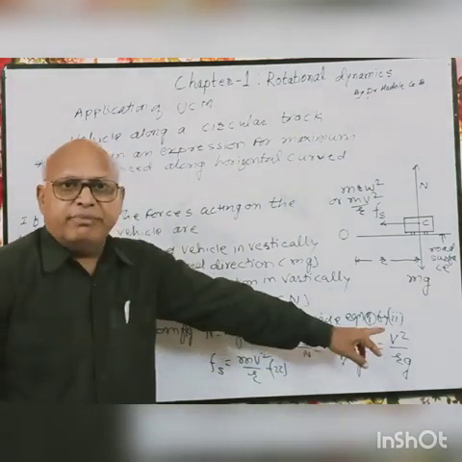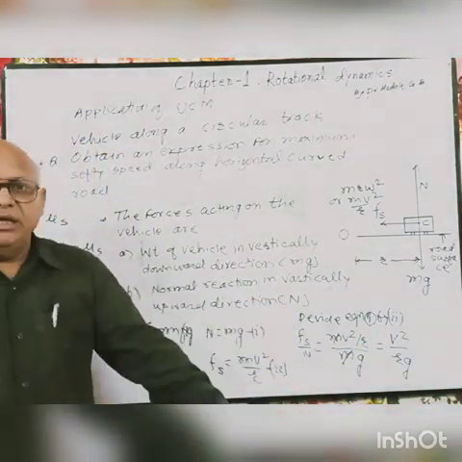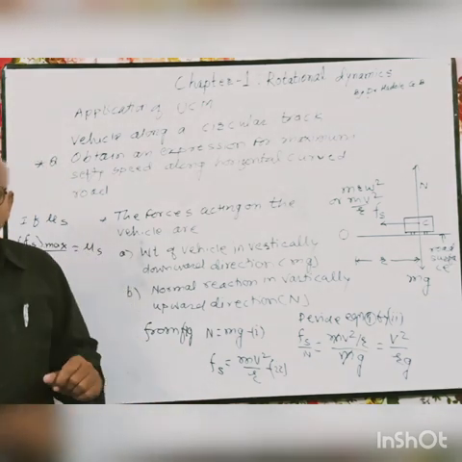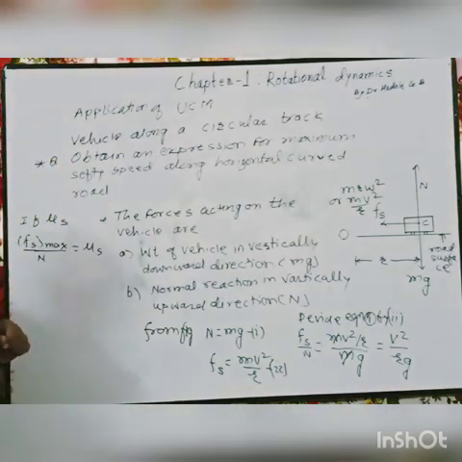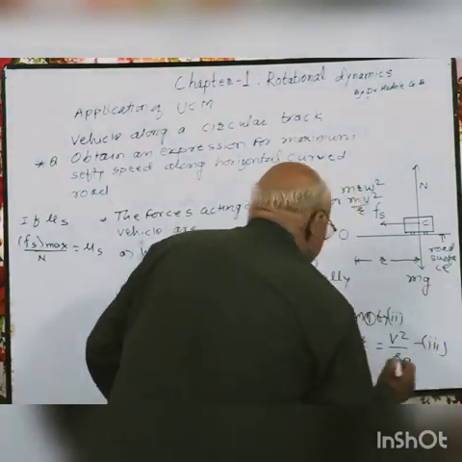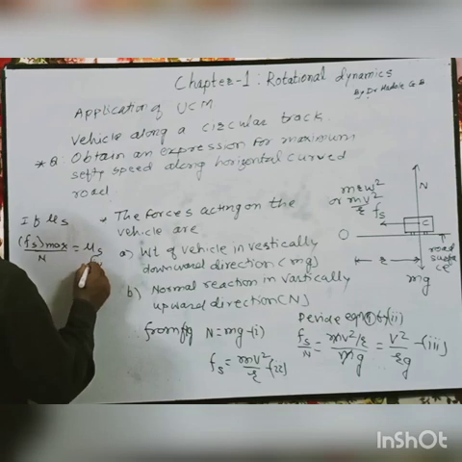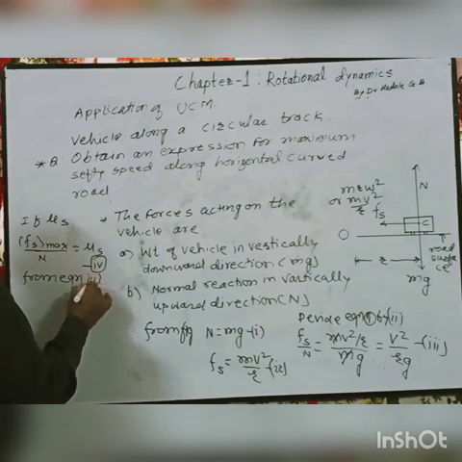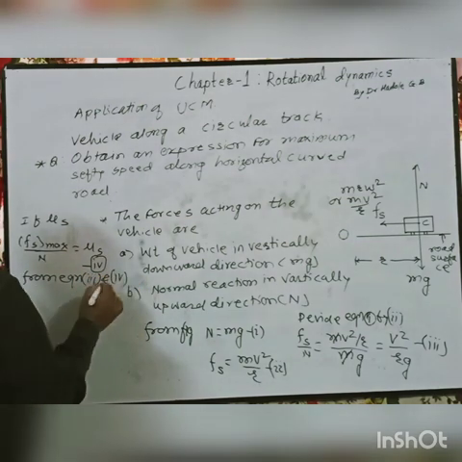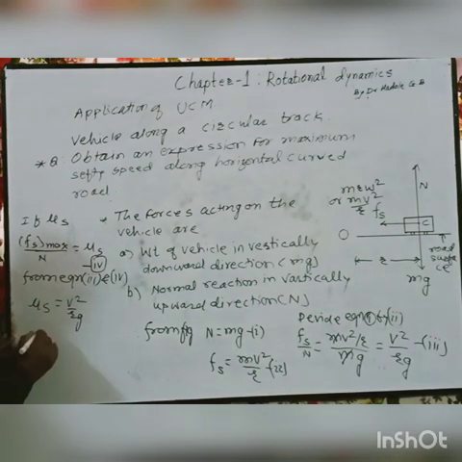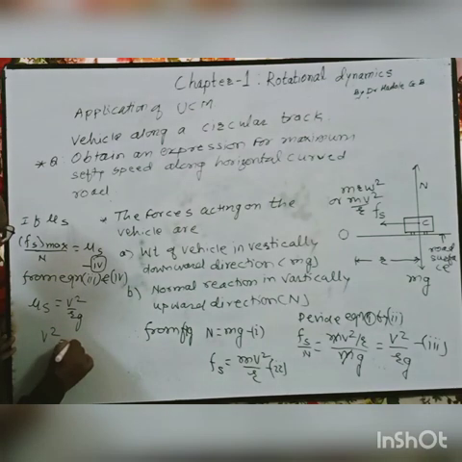For v equal to v max, it means that when the vehicle is moving with maximum speed along a horizontal curved road, from this equation 3 and equation 4, we write mu s equal to v square upon rg, and therefore v square equal to mu s r g.